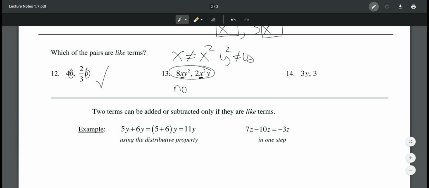And in the third one, this is no, because 3y has the variable y, and 3 does not have a variable at all. So in this problem, it was the exponents that made these terms not like. And here it was the fact that one had a variable and the other did not.